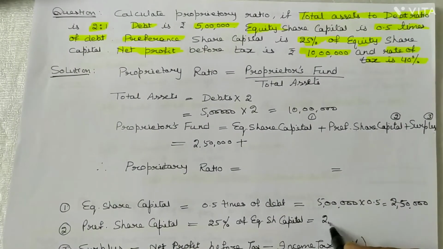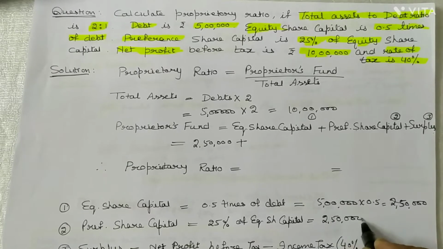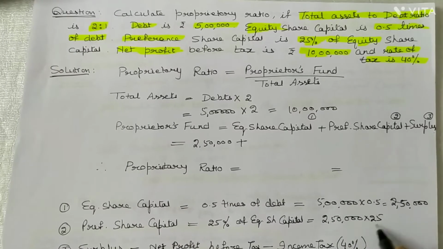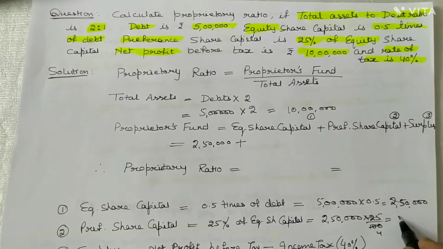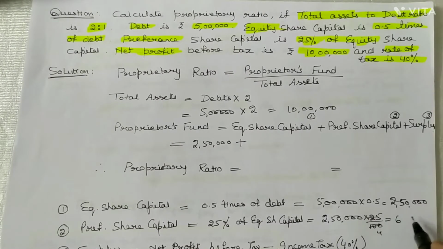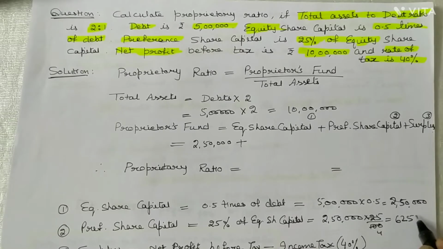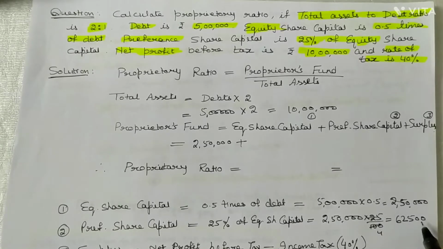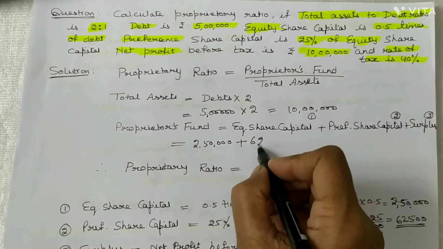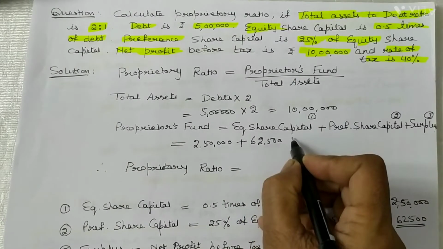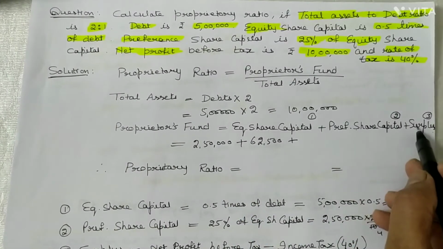It means 2,50,000 into 25% is equal to 62,500. This you have to write here, 62,500. Okay. Next is surplus.